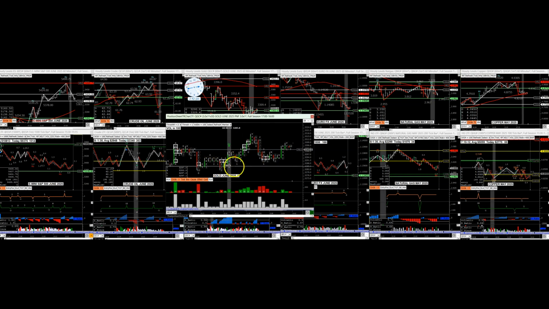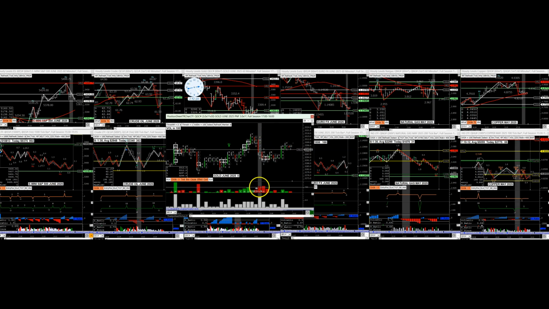Market pulls back into an area, bang, bang. This volume produces that much output. The next one is the biggest in 15 down bars, more volume than the prior bar, more volume than the prior bar, but look at its output.